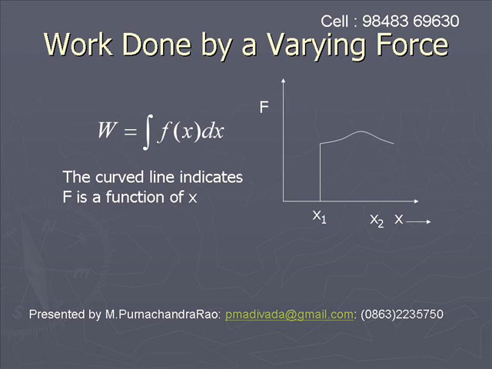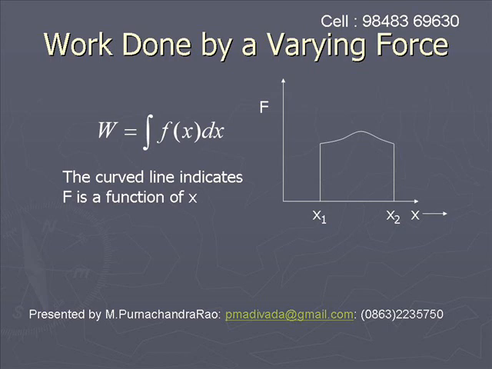The left vertical line in the graph represents the force when the displacement is x1, and the right vertical line represents the force when the displacement is x2. The force is not the same in both cases. During the path, it is changing. It is not horizontal, which means the force is not constant. It is a varying force. Such a force is represented by F(x).